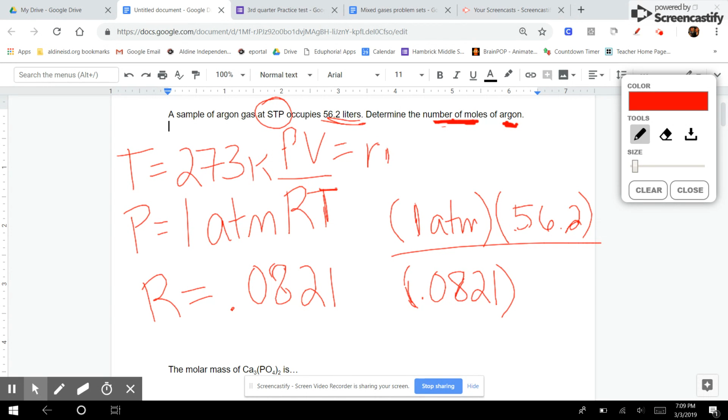And then my temperature was 273 Kelvin. So now I'm going to plug this into my calculator.